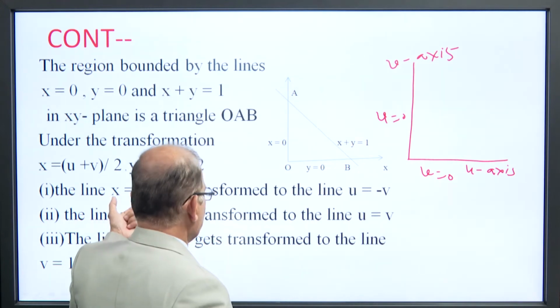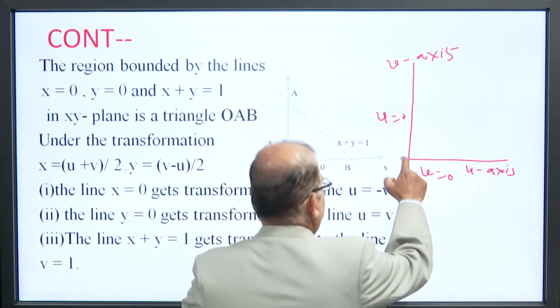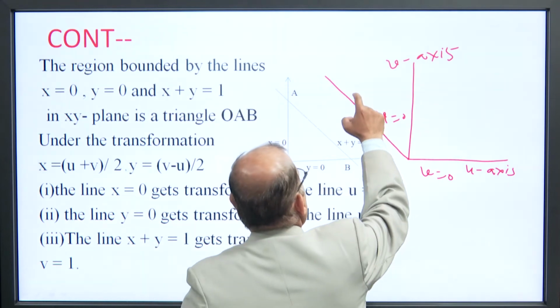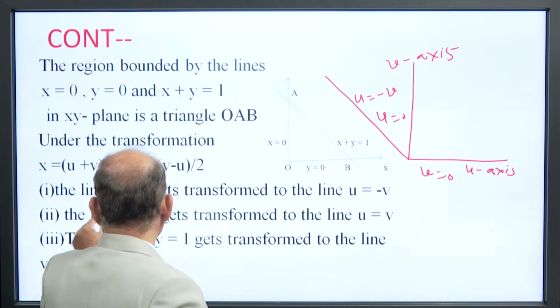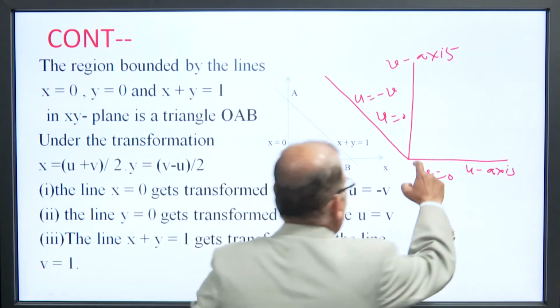Put x is equal to 0, we get u is equal to minus v, and put y is equal to 0, we get v is equal to u.